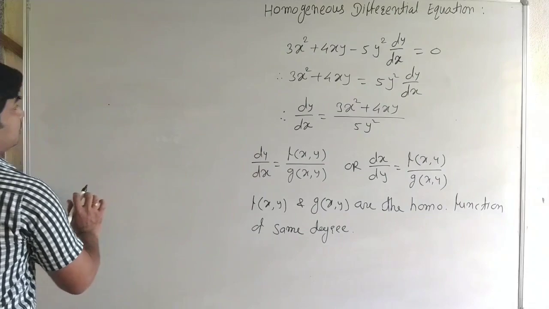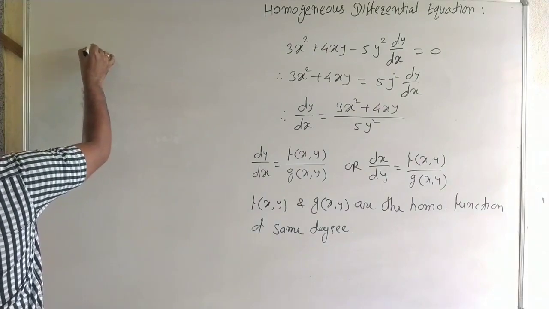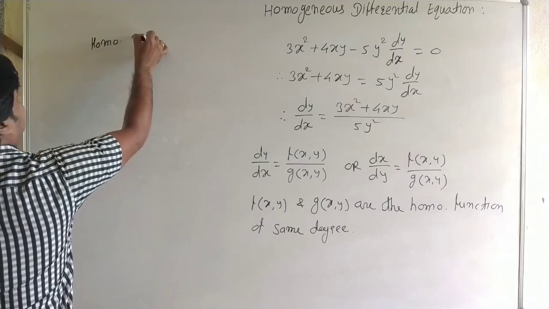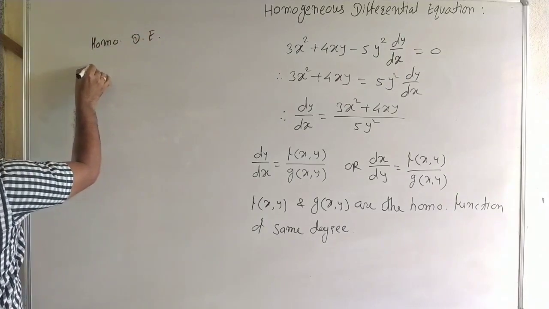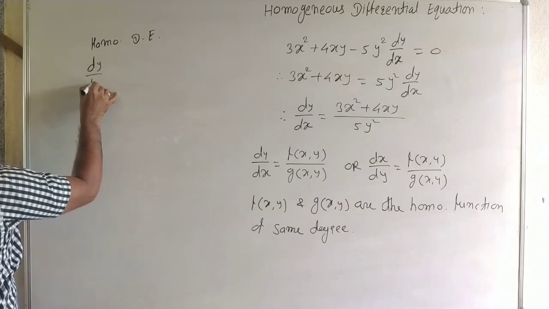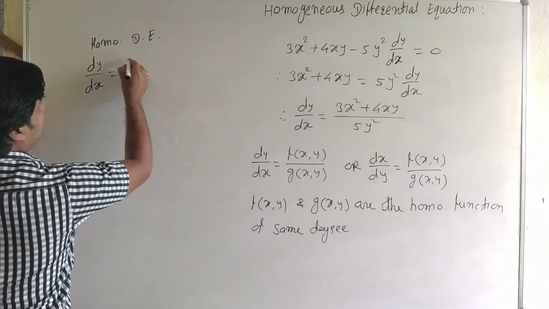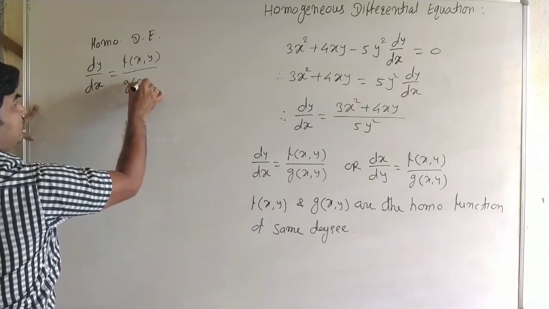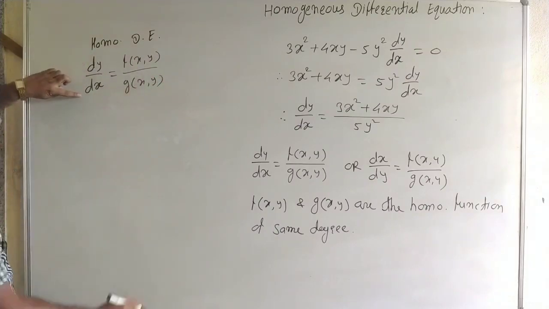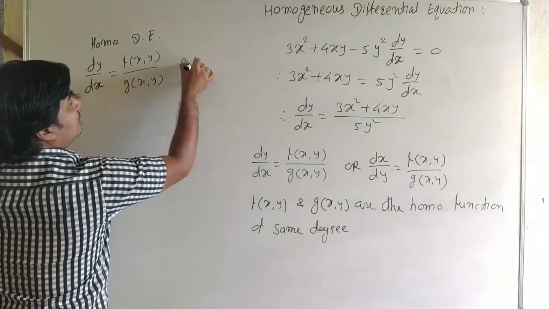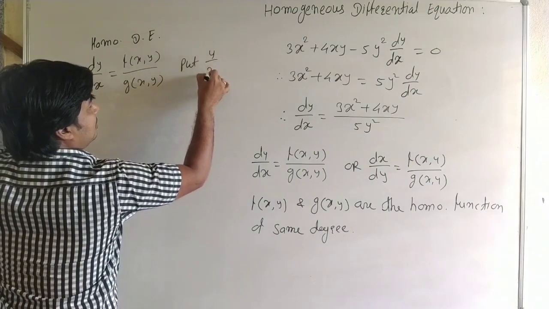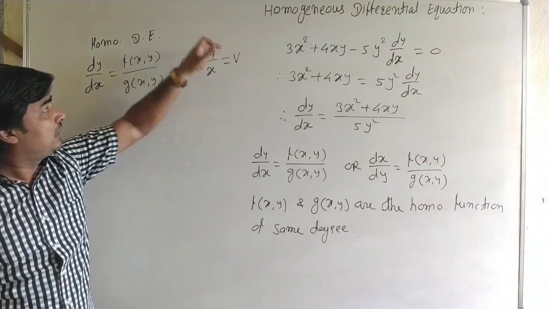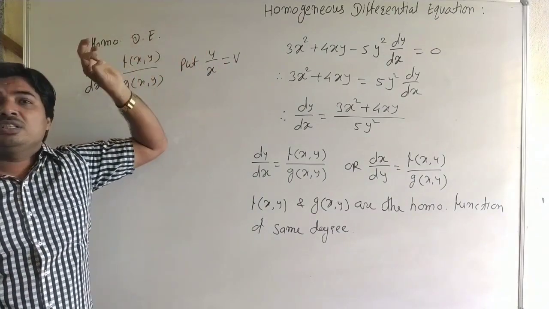For substituting, if we write the differential equation, see carefully, in the form dy by dx is equal to f of x comma y upon g of x comma y, then by putting y by x is equal to v, we substitute another variable v.